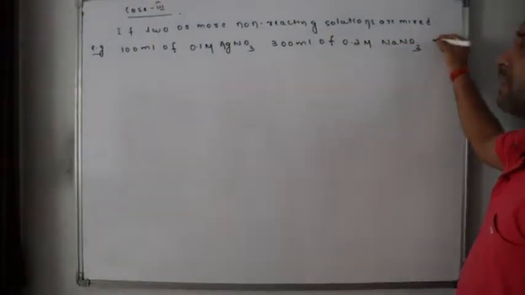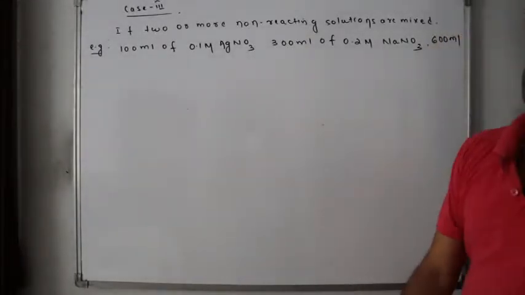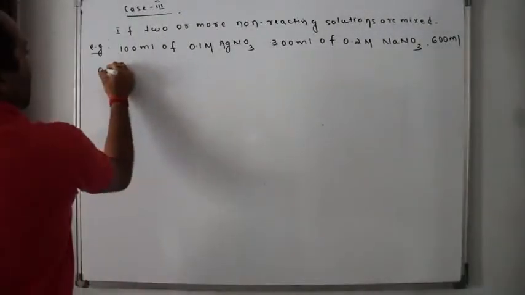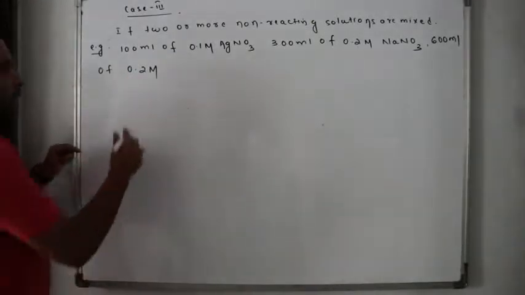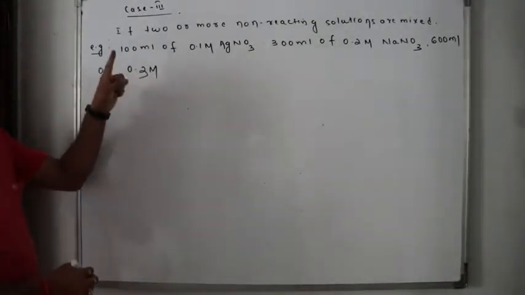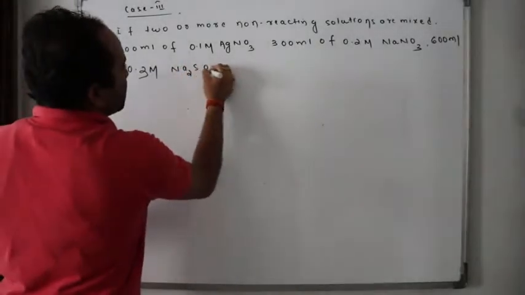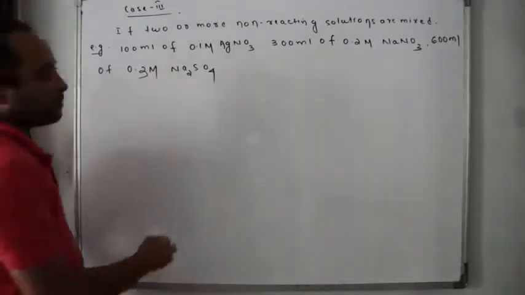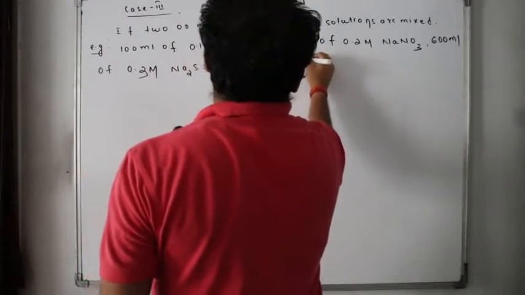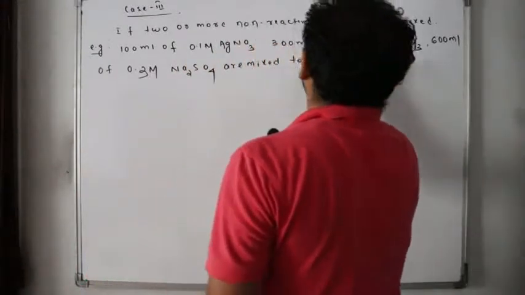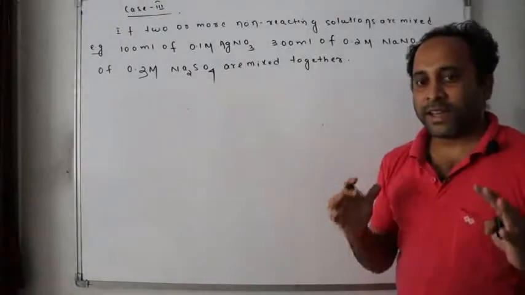And to this let me add about 600 ml of 0.3 molar Na2SO4 are mixed together. The question is, calculate the concentration of NO3 minus and Na plus ions.